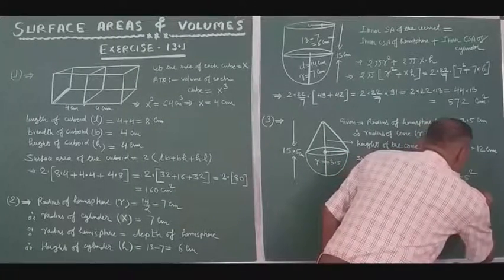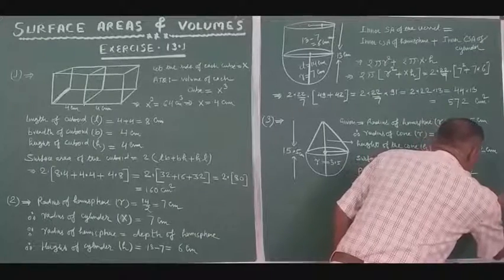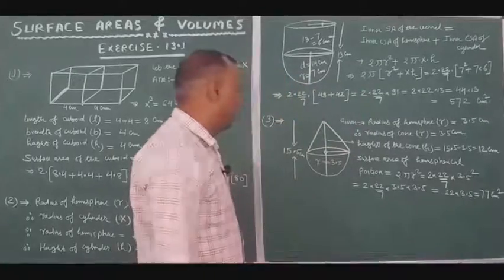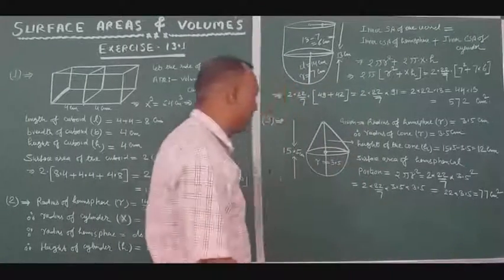When you multiply them, you will get 77 centimeter square. This is the surface area of the hemispherical portion.